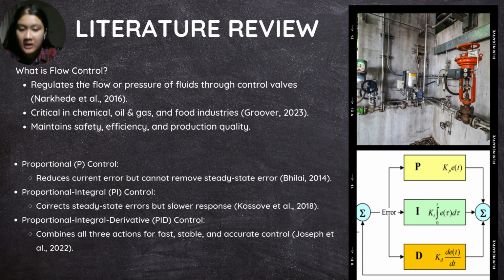Secondly is proportional integral control, which corrects the steady state error but slows the response. And last but not least is proportional integral derivative control, which is what is usually used in industry. It combines all three actions for fast, stable, and more accurate control. That is why most industry uses PID control.